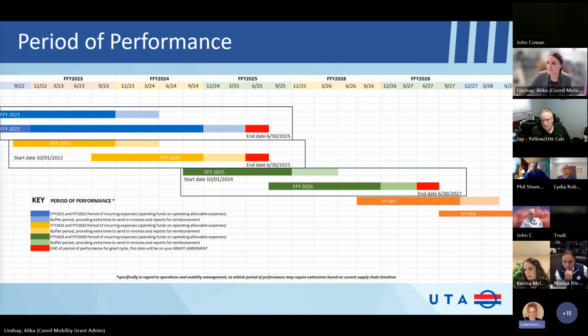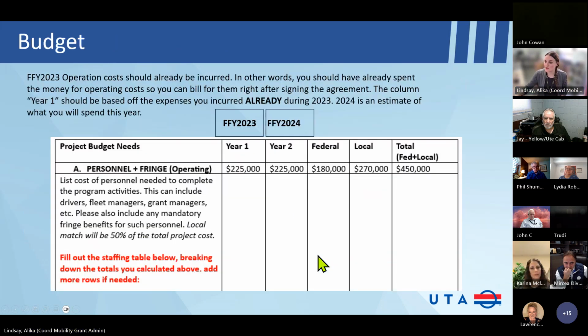Okay, yeah. Next question is, if we did spend money from fiscal year 2022 clear through fiscal year 2023, can we apply for operating funds just for fiscal year 24? Yes. I would just tell you to put it clear on that budget form. So let's go back to that. So you would fill out year 2, right? And then on your budget in Zoom grants, I would put in parentheses, operations 2022.